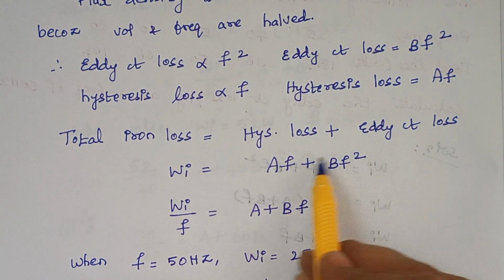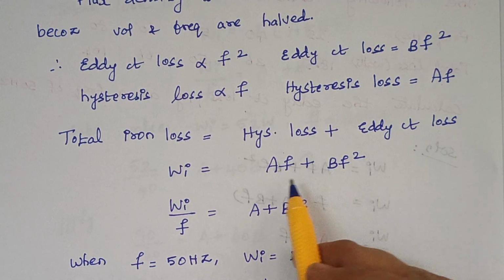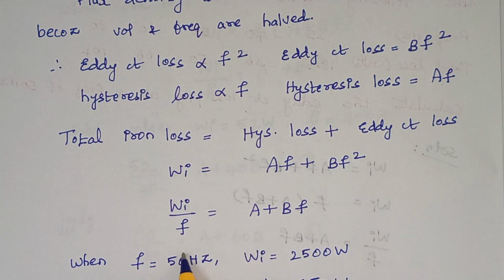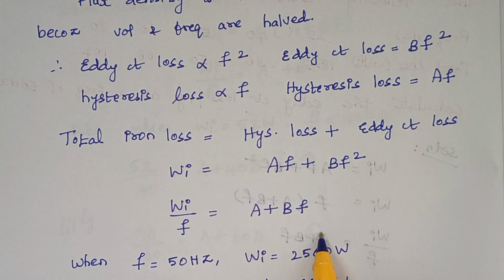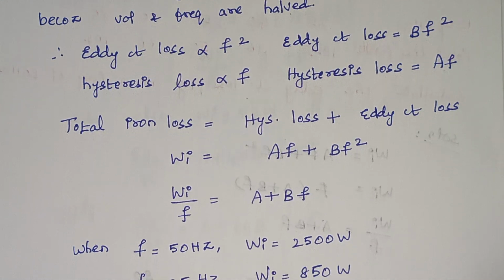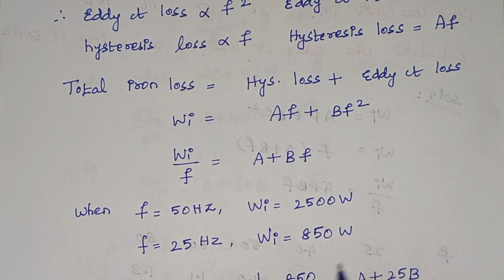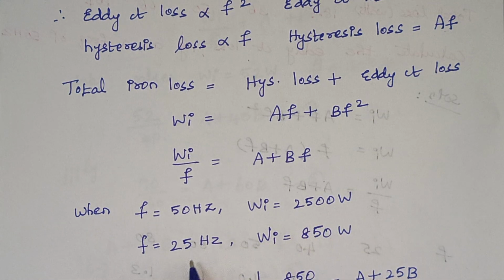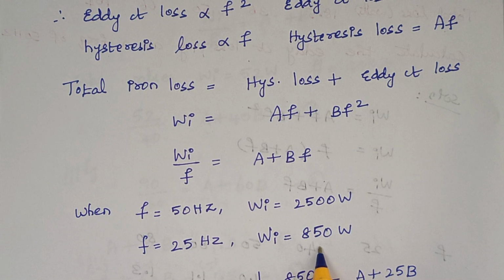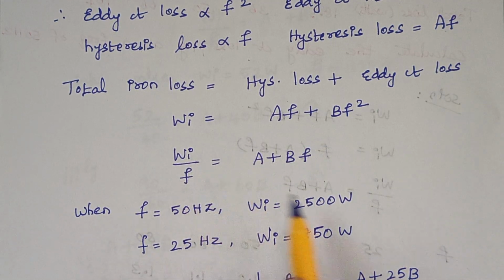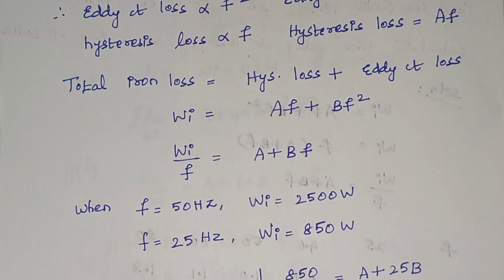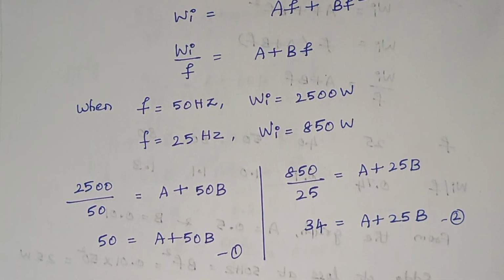Again we are doing the same thing, substituting the values, and F is commonly taken outside, and finally we end up with this equation. When the frequency is 50, the loss is 2500, and when the frequency is 25, the loss is 850. Again simply substituting these values in this base equation, we are calculating the values of A and B. Right.